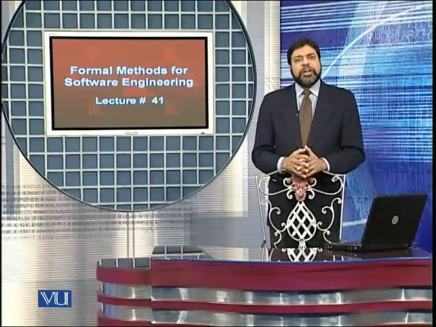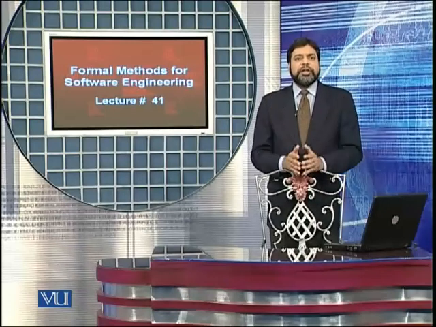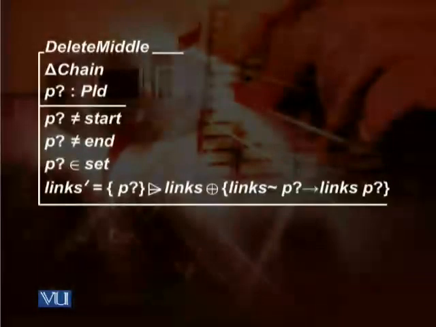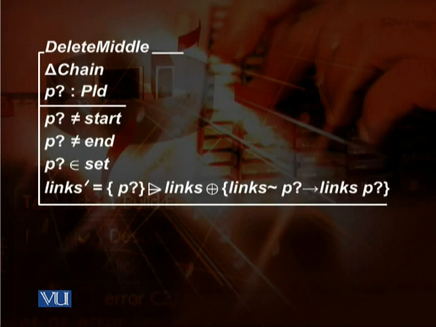Now let us look at the third possible scenario, that is deleting an element from the middle of the chain. Once again, we have this specification which changes the schema chain, and it takes this P as the PID.